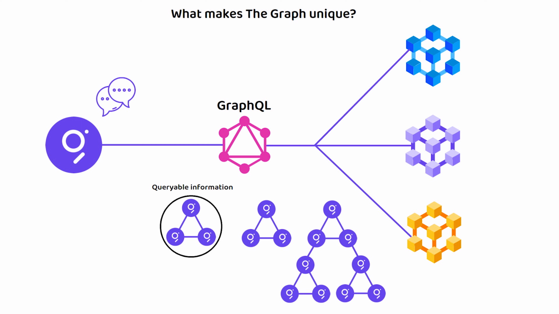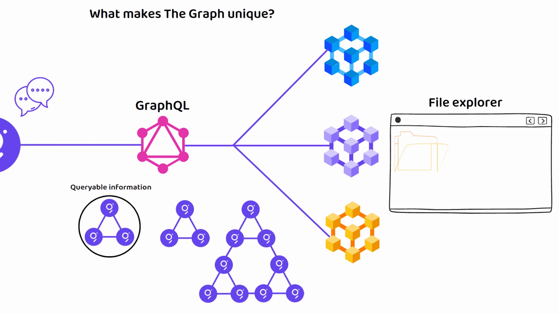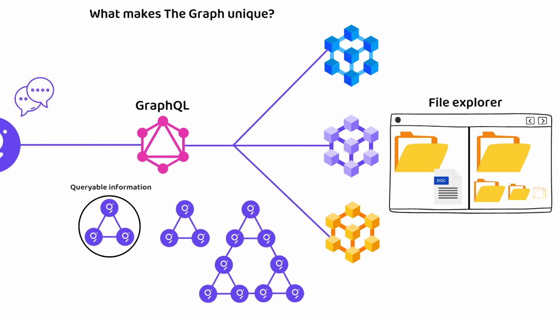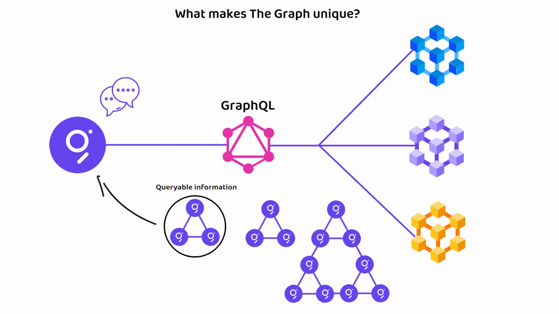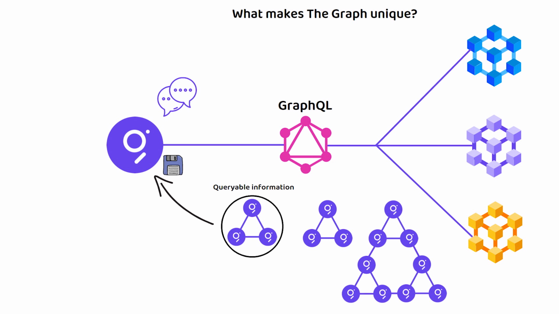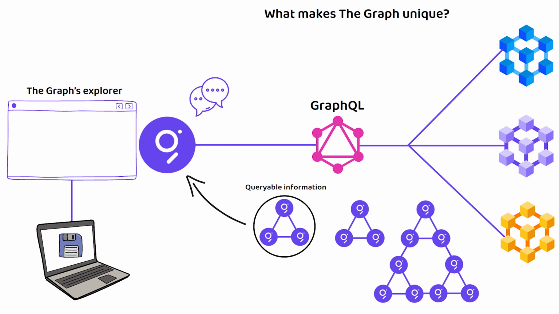In the same way, your file explorer on your computer can open a folder that only has a few documents, or it can open a folder that has folder after folder after folder. These subgraphs can provide a consolidated form of data that can be used through the Graph Explorer. Through the Graph Explorer, you will find popular APIs such as Uniswap, Compound, Balancer, or ENS, to name a few.